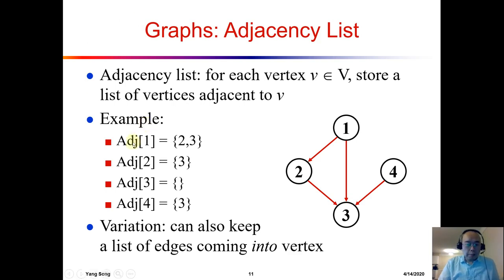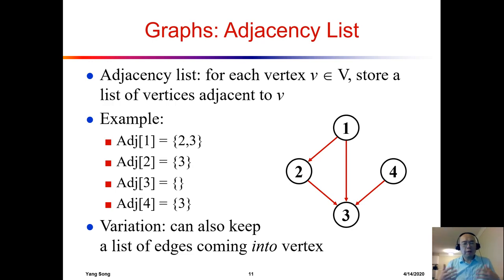So for example, the adjacency list with index 1 records the edges going out from node 1. From node 1 we can go to node 2 and node 3, for node 2 we can go to node 3, for node 3 we can go nowhere, and for node 4 we can go to node 3. So this is the idea of storing the graph with an adjacency list.